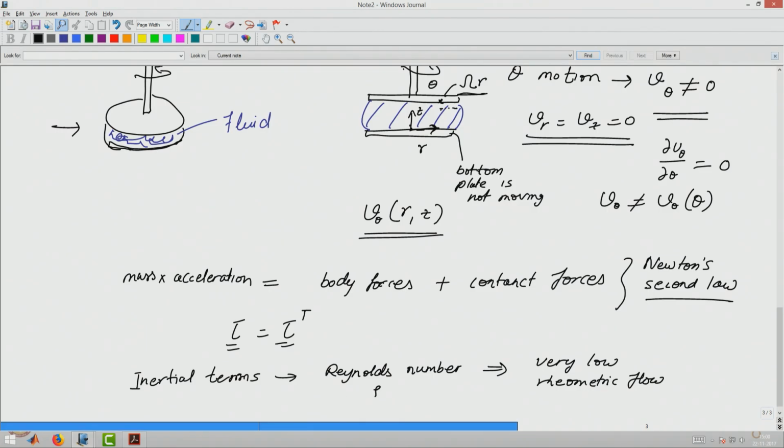Given that Reynolds number is rho V d by mu, since viscosity is generally very high for many paste like materials, for polymer melts or for other multiphase systems, Reynolds number is likely to be lower.